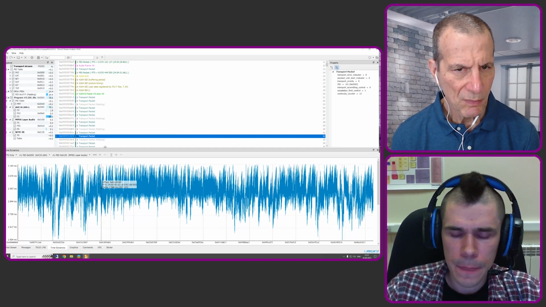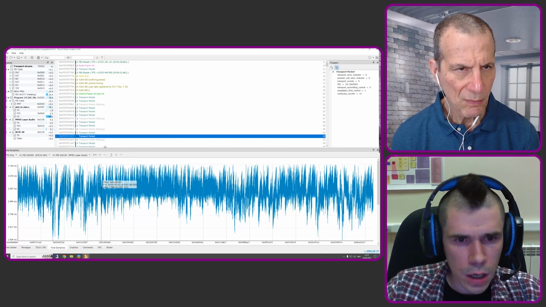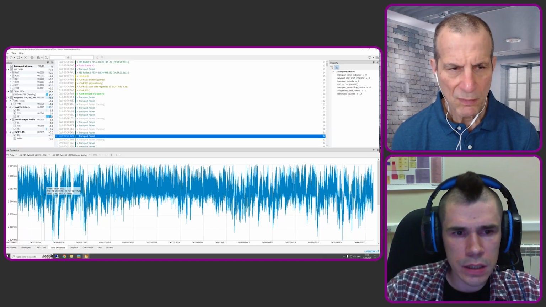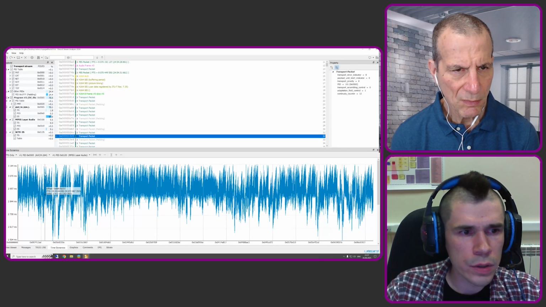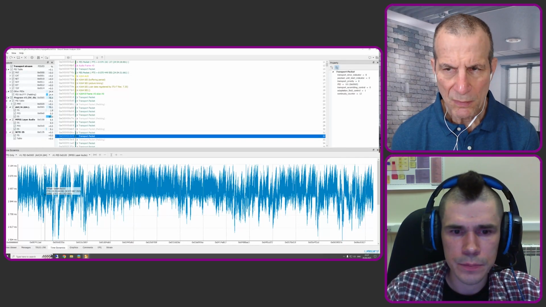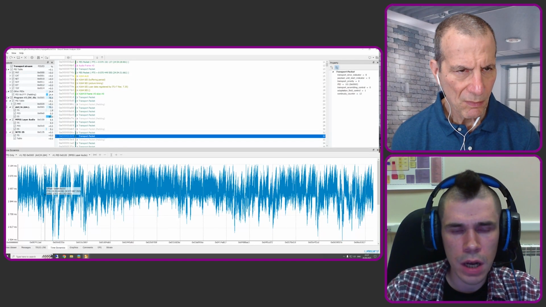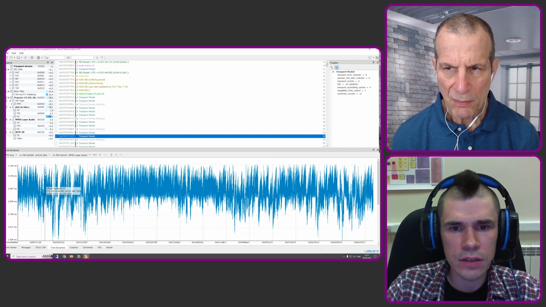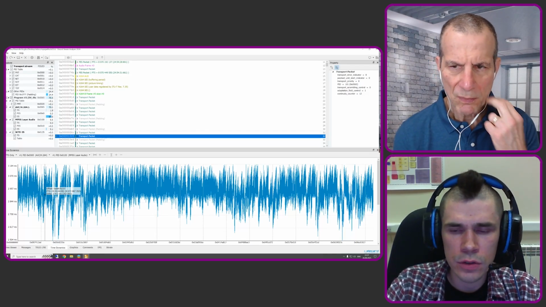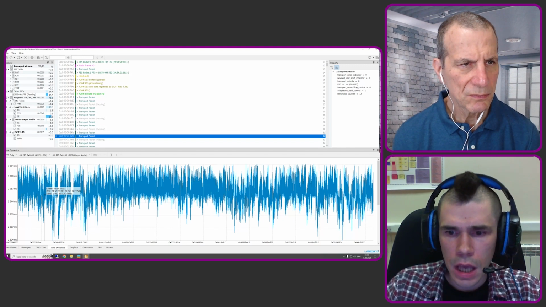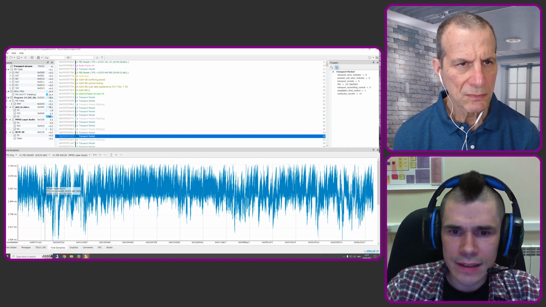What does it mean? For example, on that plot, I see the delta between audio and video is almost 3 seconds. It means when I receive the video frame, I need to wait at least 3 seconds to obtain the corresponding audio frame. And that leads to latency and delay.